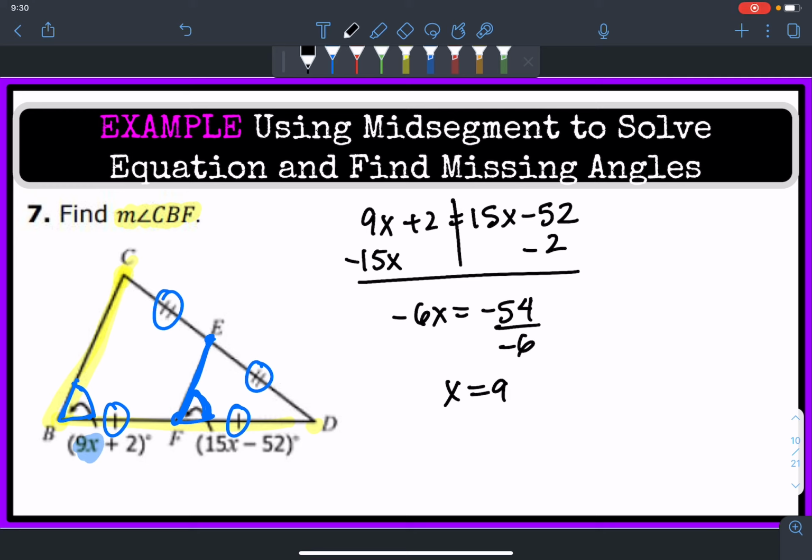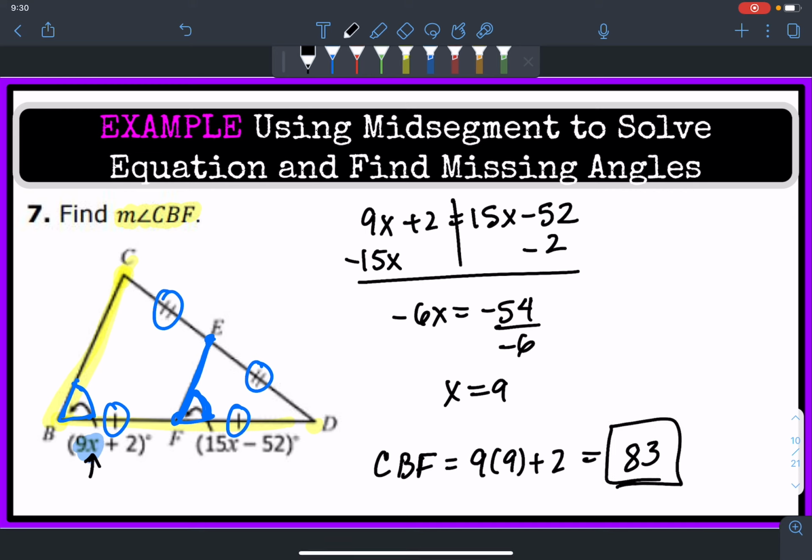And plugging that value into this x right there, because that's the measurement of angle CBF, 9 times 9 plus 2 is going to equal a total of 83. So that's your solution.